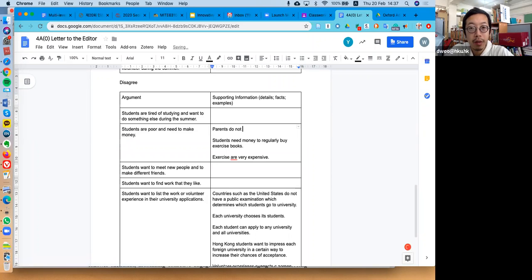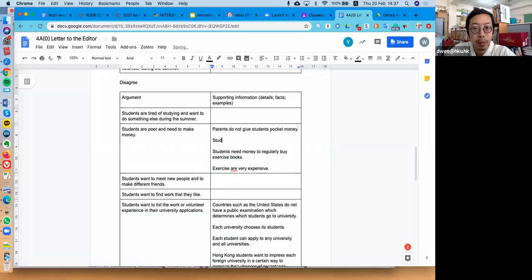Parents do not give students pocket money. Anything else? What else can we add? Students are poor. Why are students poor? What do students want to buy?